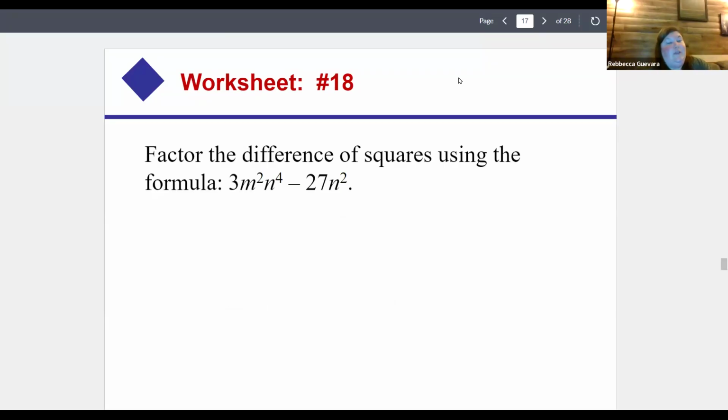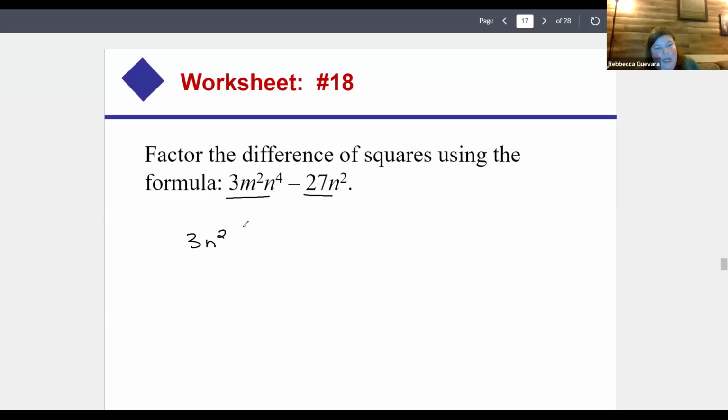For 18, we have 3m squared n squared minus 27n squared. We want to find these squares. We notice that both of these are divisible by 3 and an n squared.